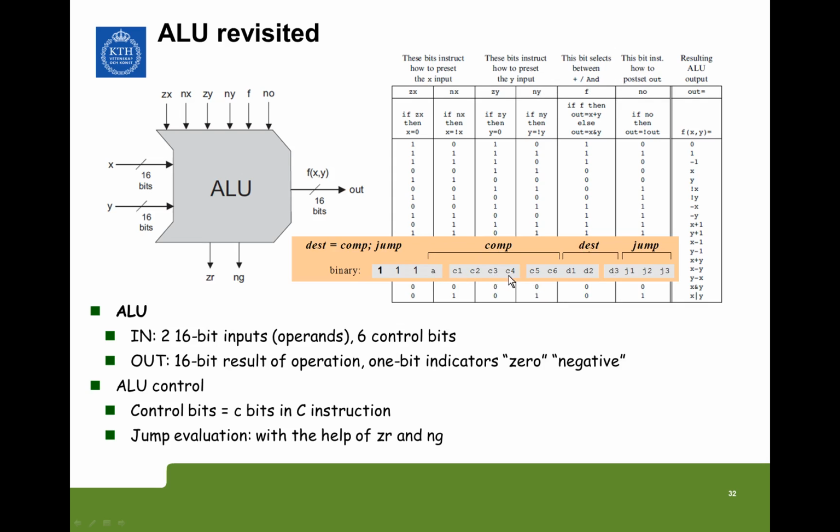Okay, C1, C2, C3, C4, etc. Apart from bit A, which affects whether the input should come from the A register or from the memory addressed by the A register. Okay, and as we said, the output bits zero and negative will help us to evaluate the jump condition.